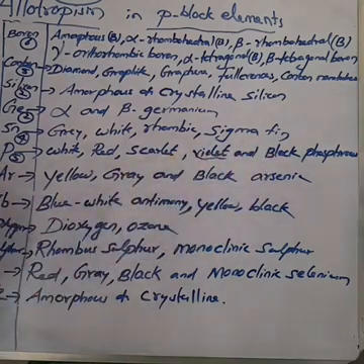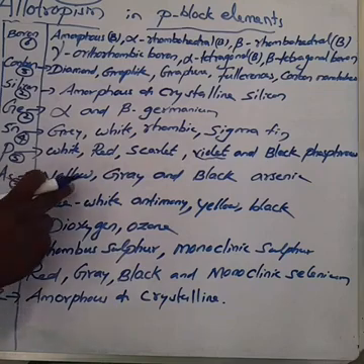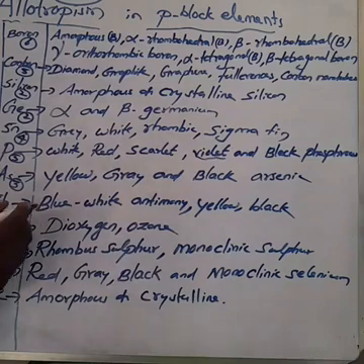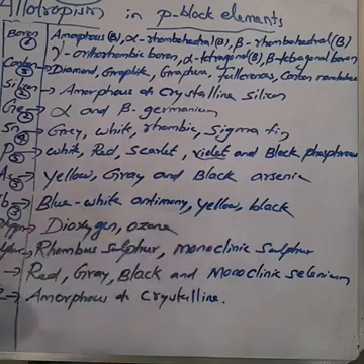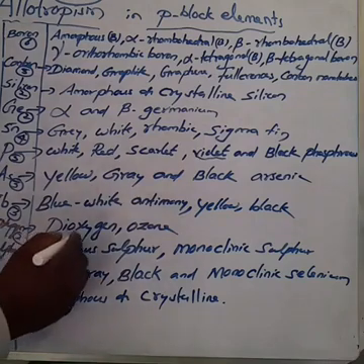Arsenic exists in 3 allotropic forms: yellow arsenic, grey arsenic, black arsenic. Antimony exists in 3 allotropic forms: blue-white antimony, yellow and black. Oxygen exists in two forms: dioxygen and ozone.